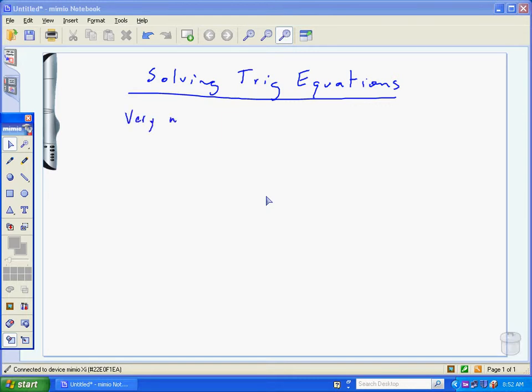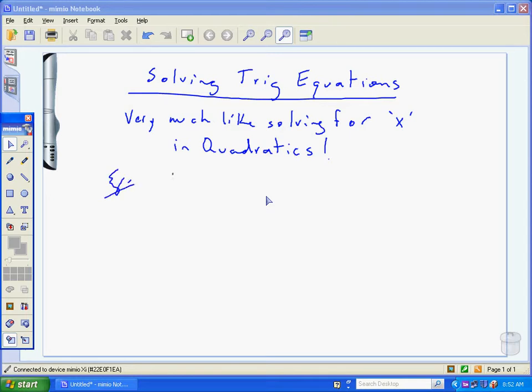I'm going to put on here very much like solving for x in quadratics, so with factoring and all that kind of stuff. I'll do a quick example. I got 2 sine theta plus 1 equals 0.